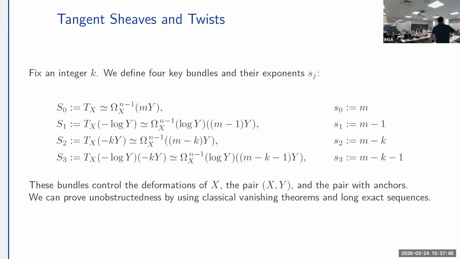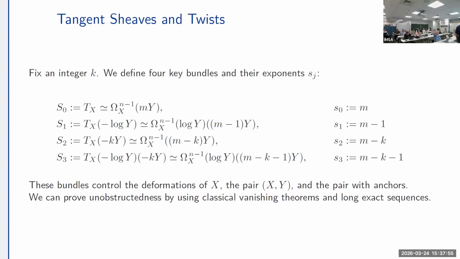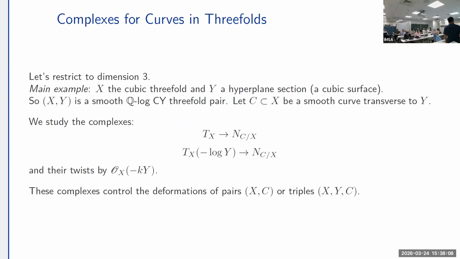And every one of these is going to define an Abel-Jacobi type map. I don't want to enter into details with this. And you can also study the unobstructedness of these problems. And some of them are very easy just by using vanishing theorems and long exact sequence. Let me not go into details for this.